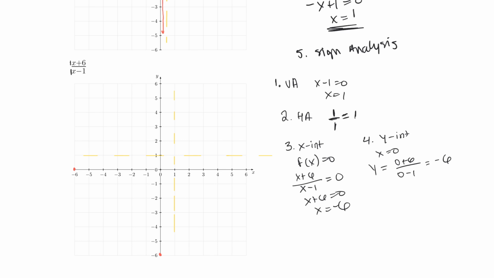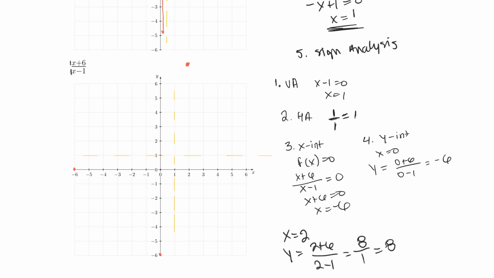Okay, so let's evaluate x equal to 2. When we evaluate x equals to 2, we get y equals to 2 plus 6 divided by 2 minus 1. That will be 8 divided by 1. So our function when x is equal to 2, y is equal to 8. Okay, that will be somewhere over here.